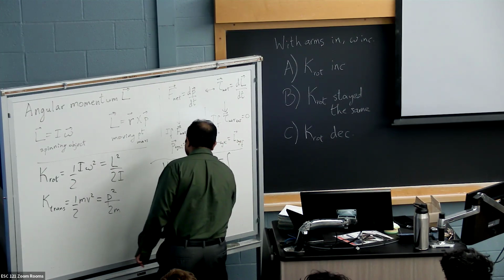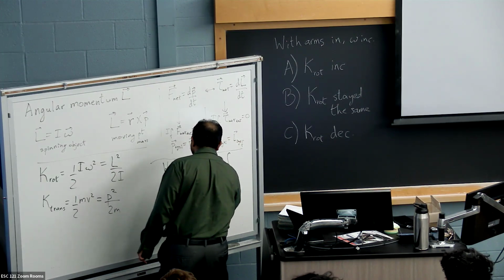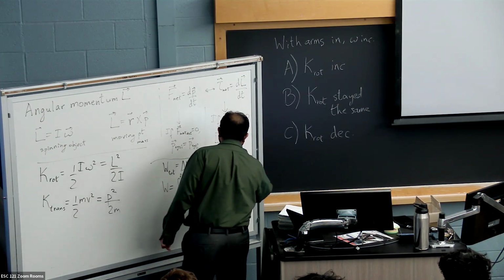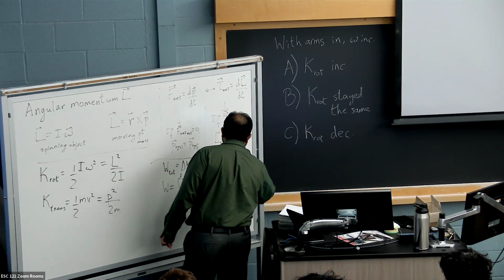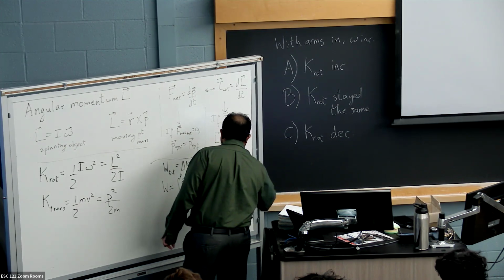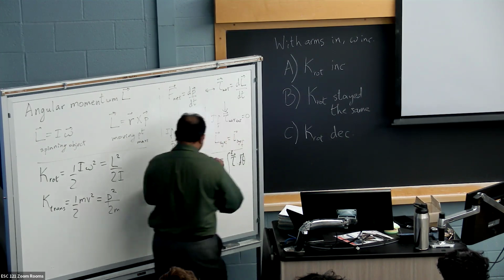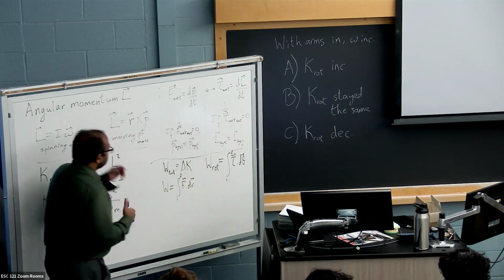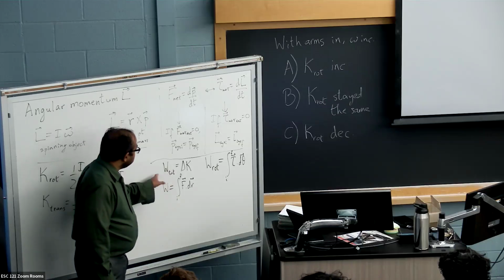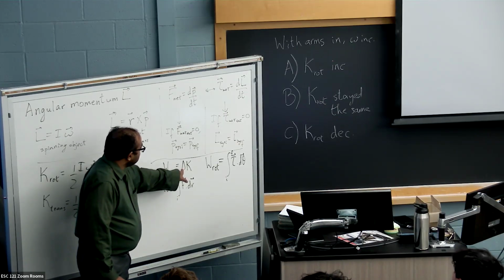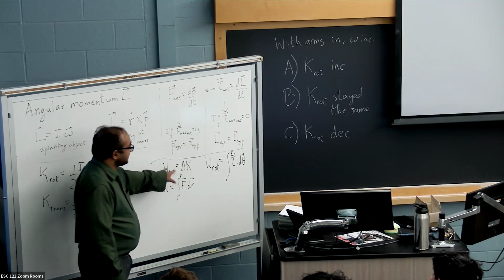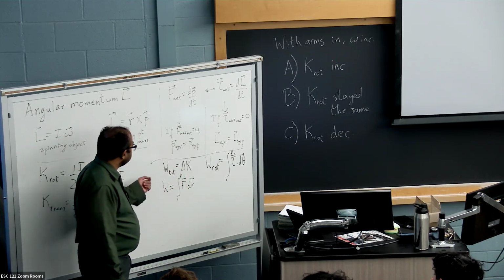While regular work was the integral of F dot dr from initial to final, rotational work would be the integral of tau dot d theta from initial to final. Here we say work total is the change in kinetic energy, and kinetic energy is 1/2 mv squared.